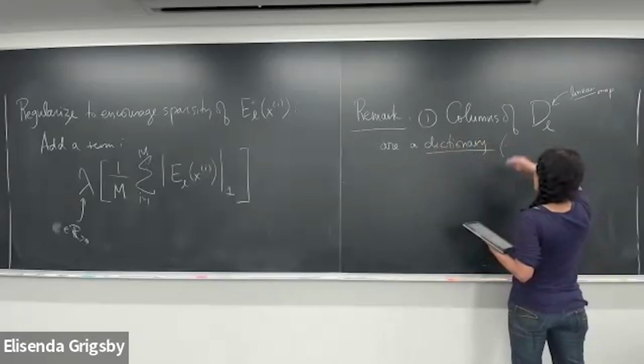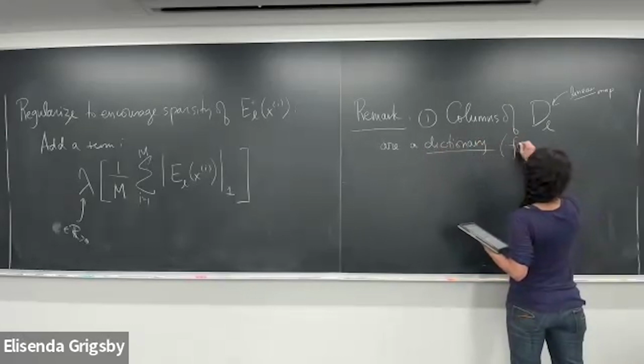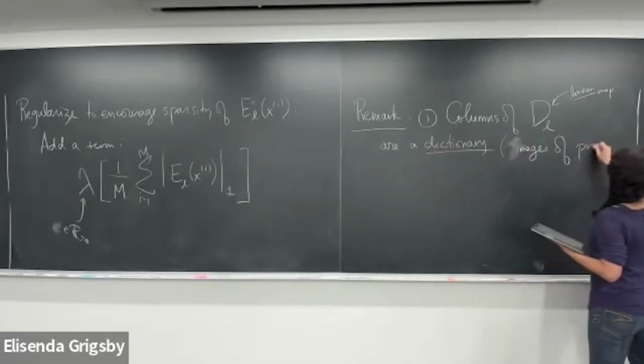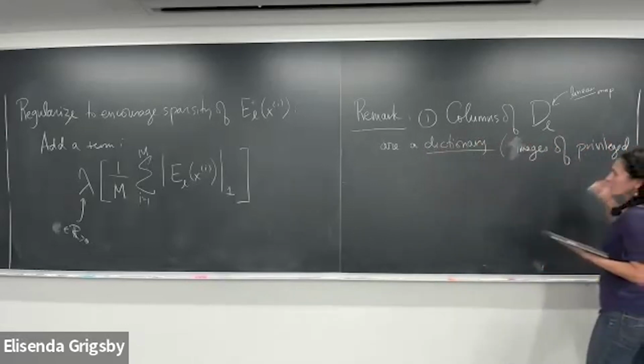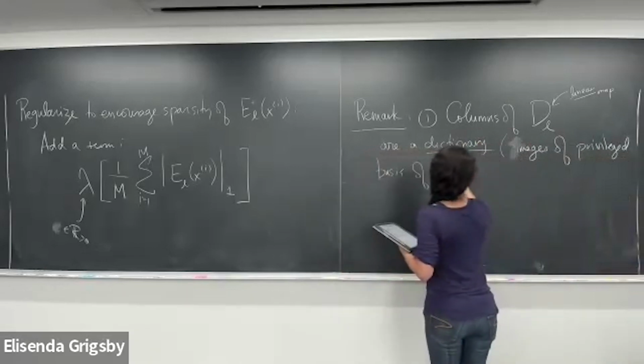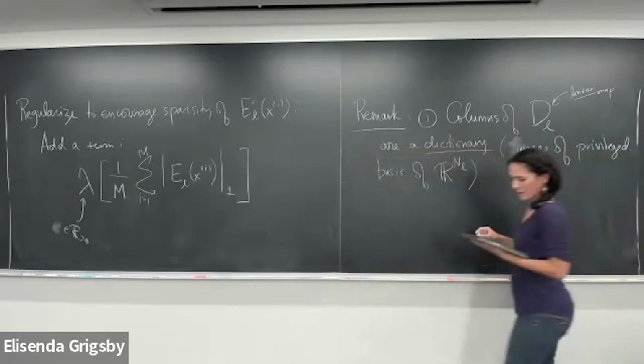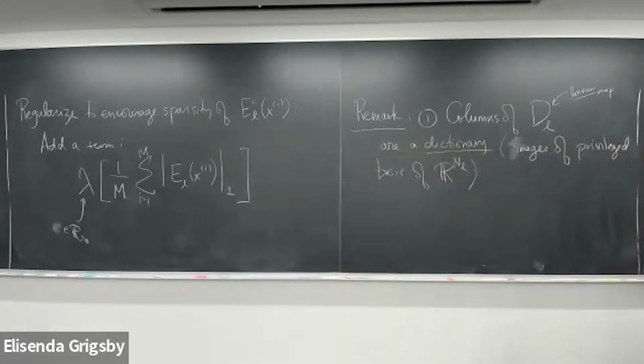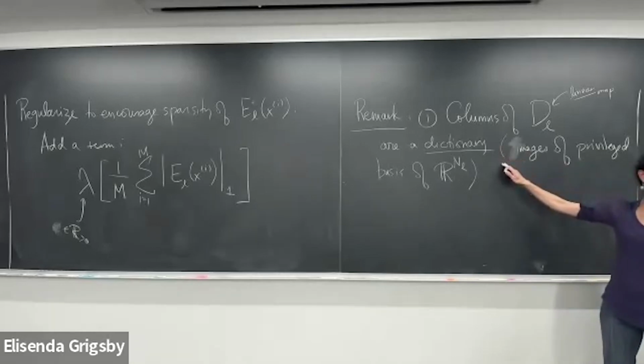These are just the images, the privileged basis. We don't necessarily know what its sparsity level is going to be, but at least this is a dictionary.